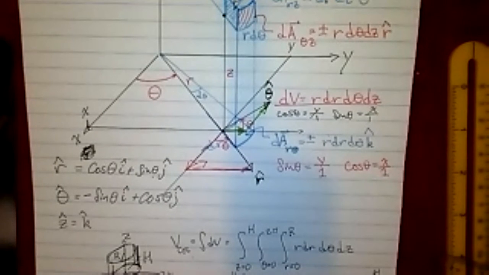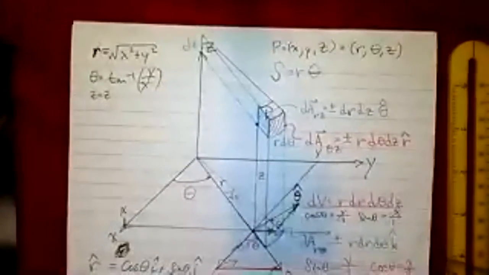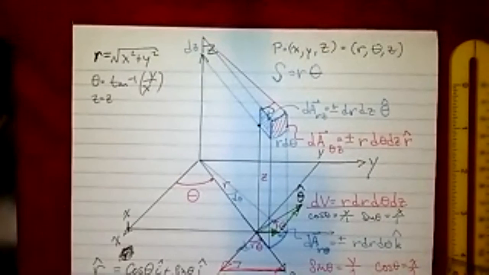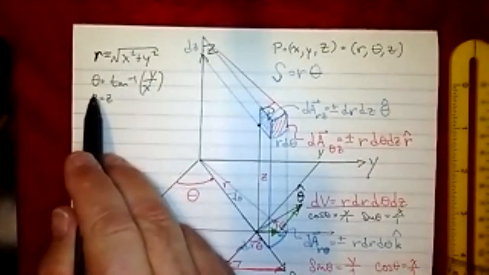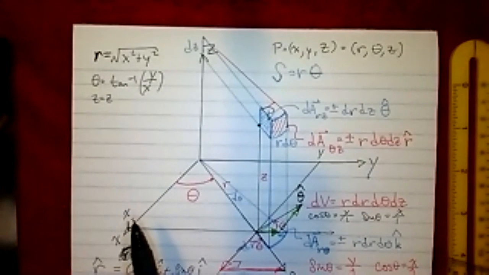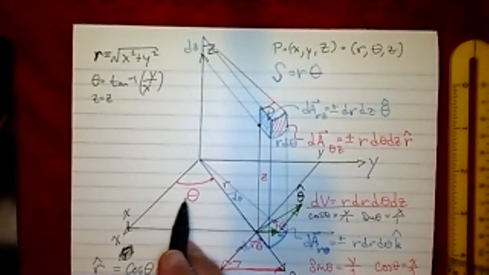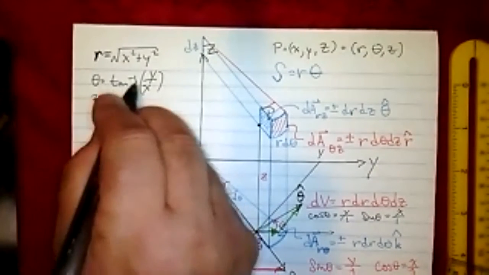Now, the last part that I was supposed to give you was a way to go from R to, in fact, X's and Y's. So we already have going from X and Y to actual R, theta, and Z. So the other way around, we can realize that theta is equal to the inverse tangent of y over x.